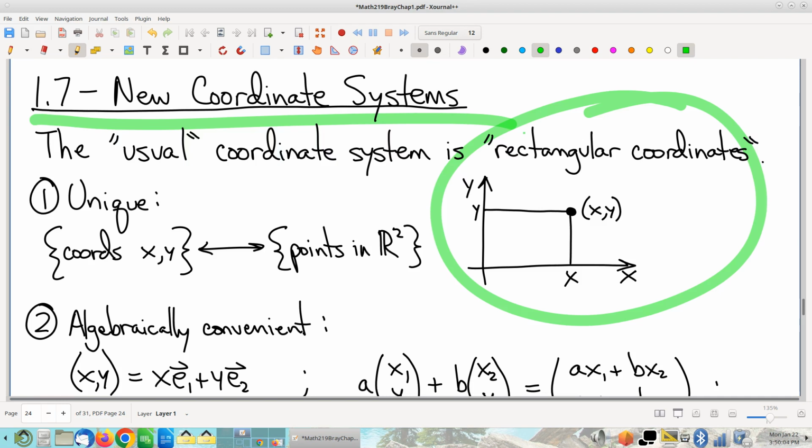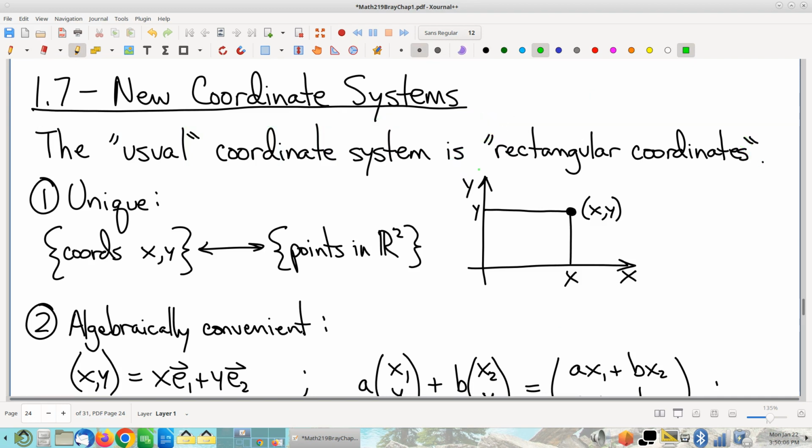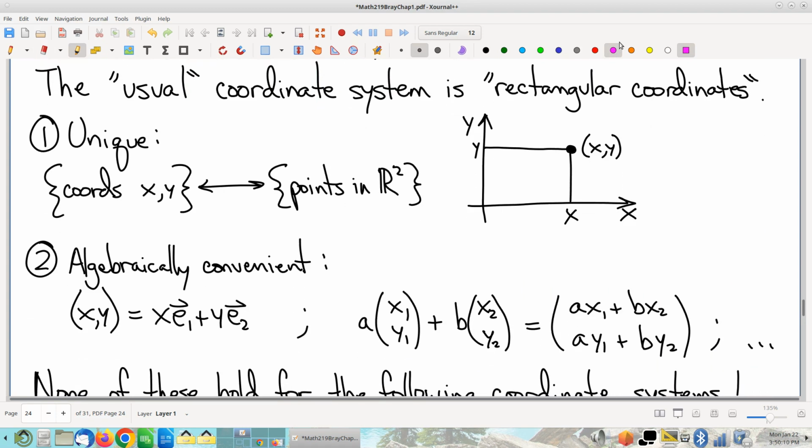A couple of neat facts about rectangular coordinates are worth appreciating. For every point in R2, there is exactly one X coordinate. If I give you some point in R2, it can't have multiple X coordinates.